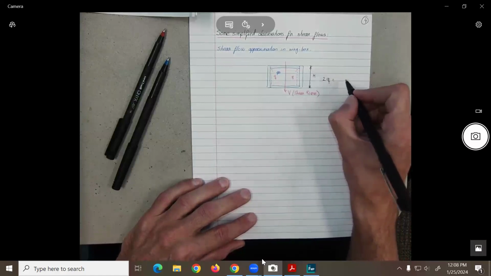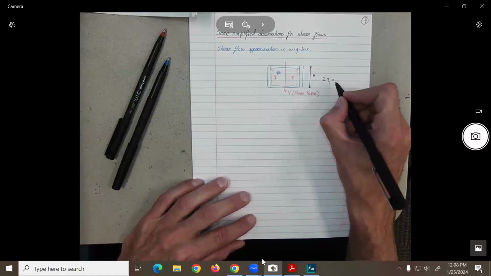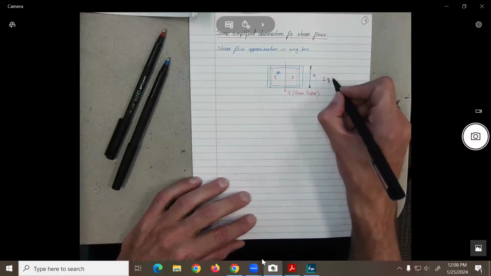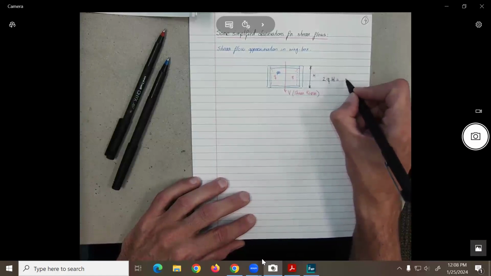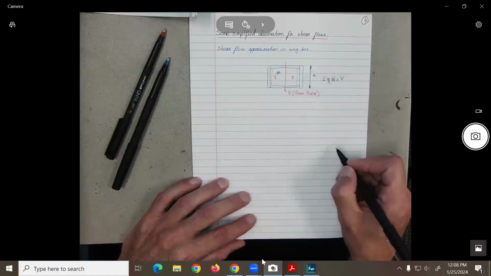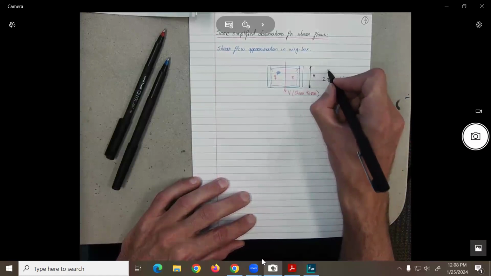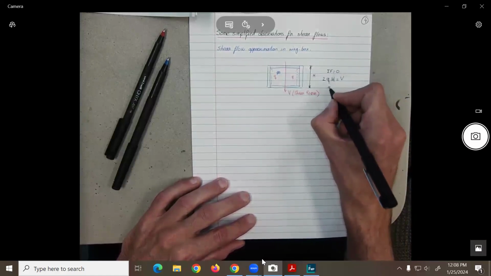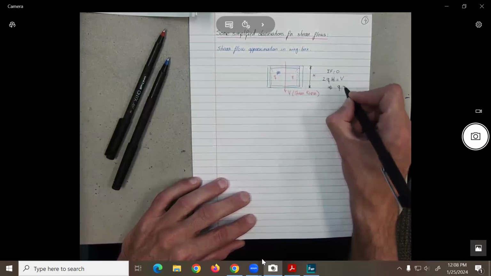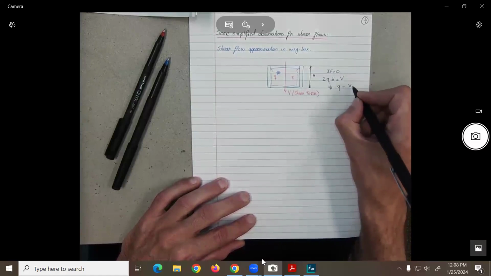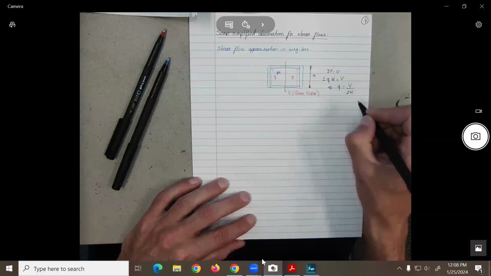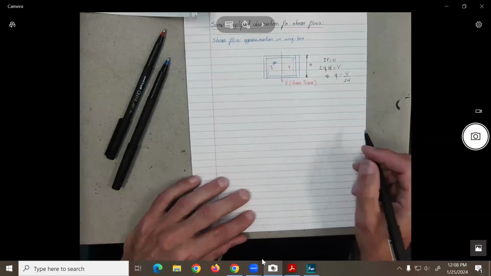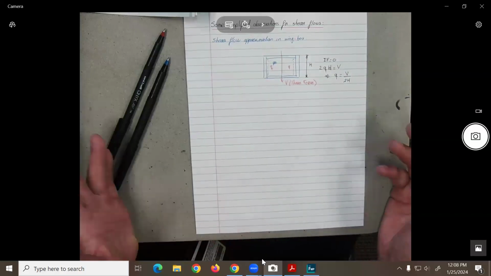So 2Q times H should be equal to V, no? If we do summation of force equal to 0. All this will give what? That Q should be equal to what? V over 2H, no? Does that make sense?